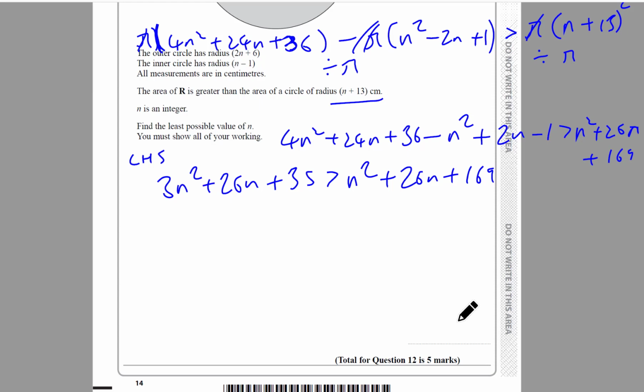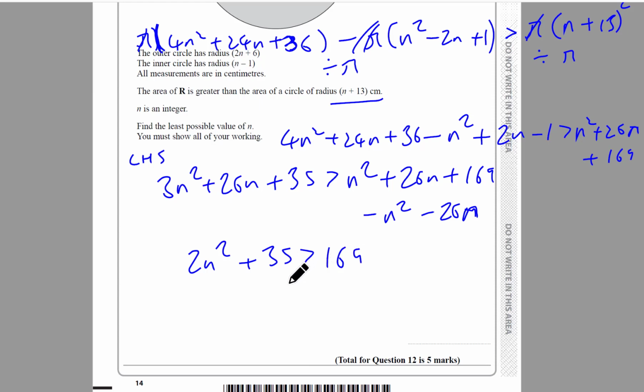So we rearrange and isolate n terms. We rearrange this by minusing n squared on both sides and then minusing the 26n, all in one go. So that gives us 2n squared plus 35 is greater than 169.